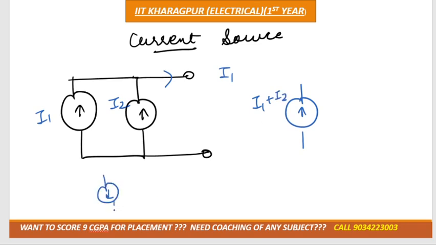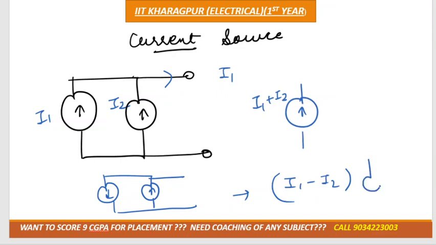If both the currents are in the opposite direction, then in that case the current would be subtracted, I1 minus I2, right? That depends on whether the I1 value is greater or the I2 value. This one is I1, this one is I2, so I1 minus I2, and the sign would be like this, right?